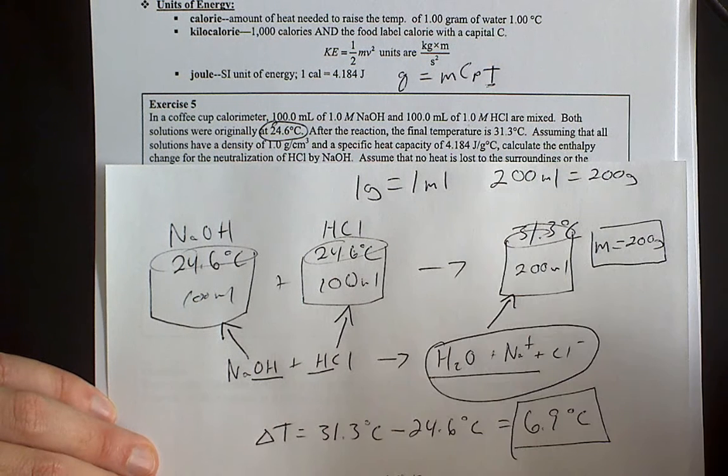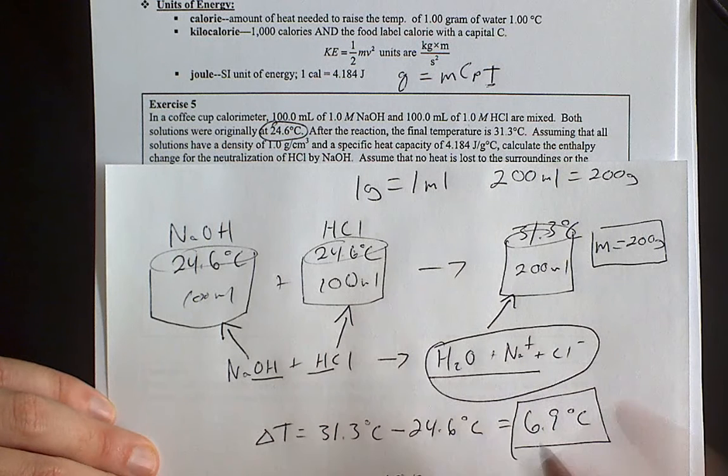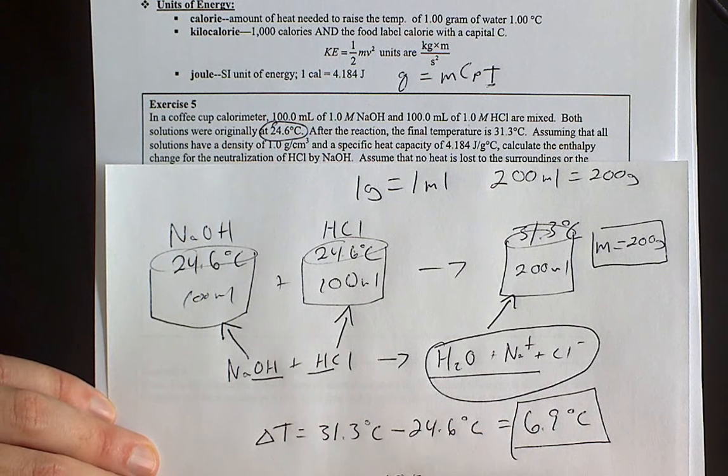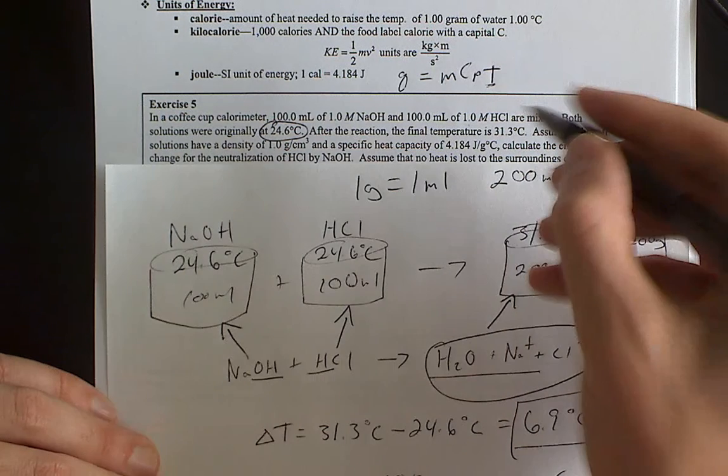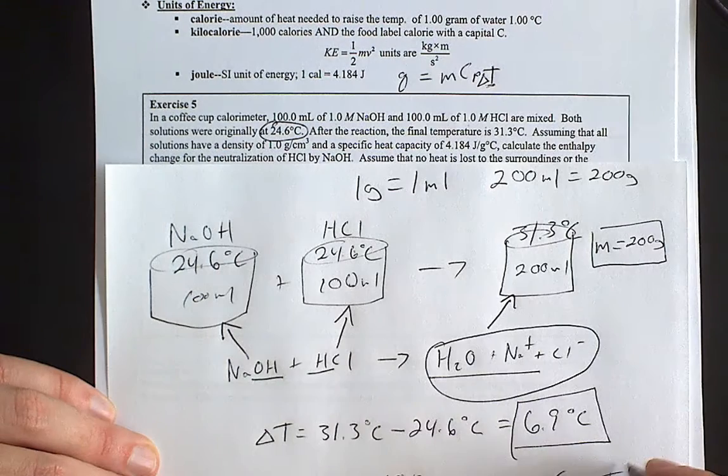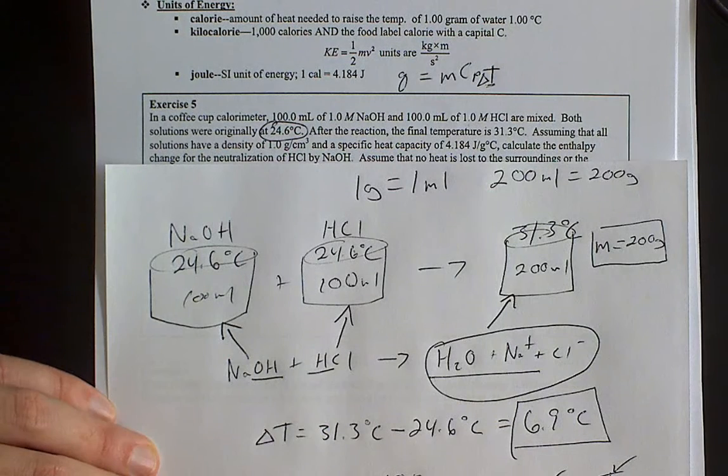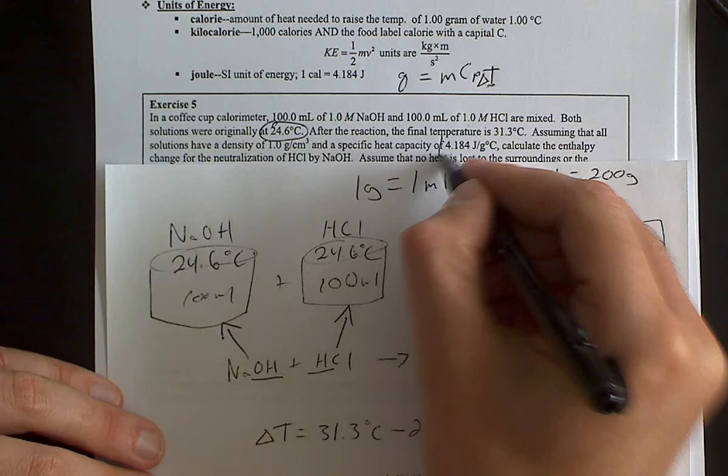So we've got in our equation here Q equals mass, specific heat, and temperature change. We've got this one, check. We've got this one, and that's actually supposed to be delta T. Check, and now I need the specific heat. Okay, well that is listed right here.